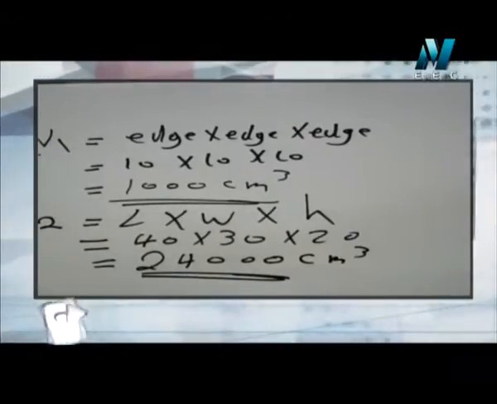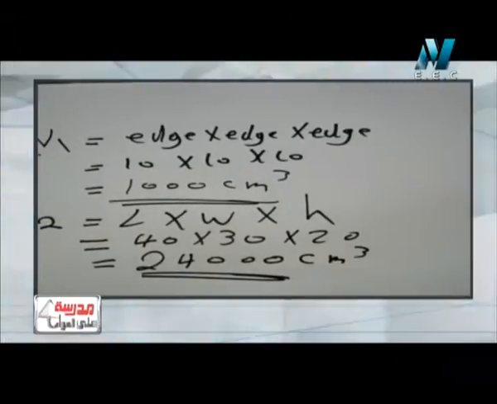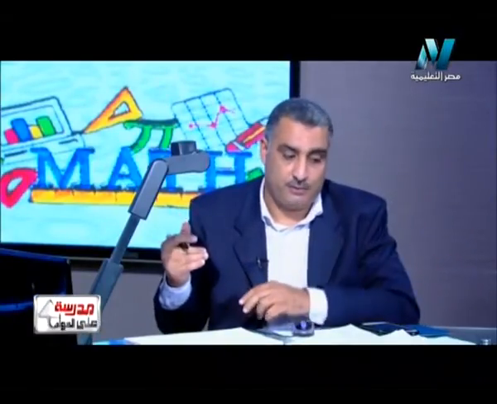We have now the volume of a soap, and the volume of a big container. How many bars of soap are needed to fill this container? Just divide V2, the big volume, by V1.